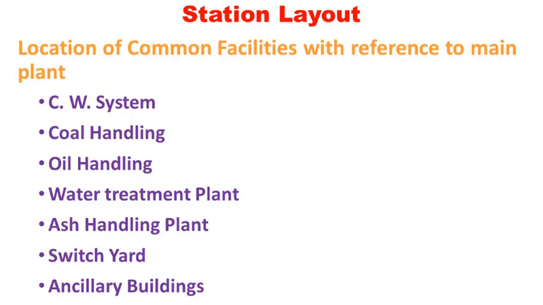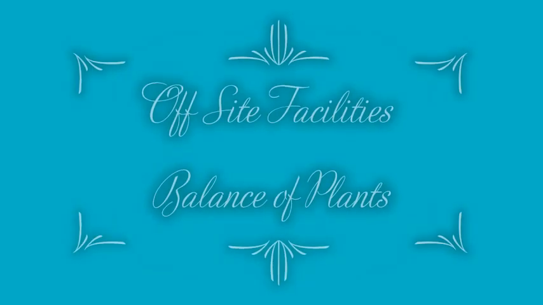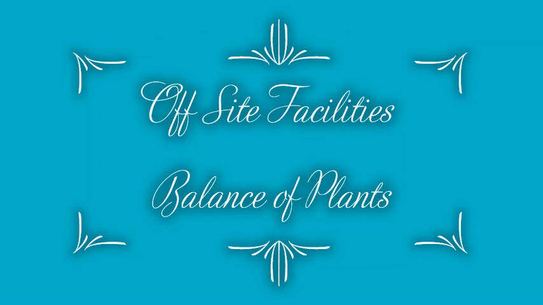In fact, all the units utilize these common facilities like the circulating water system or CW system, coal handling plant, oil handling plant, water treatment plant for service water and demineralized water, ash handling plant, switchyards, and centralized buildings for administration, control, maintenance activities, servicing, and recording.